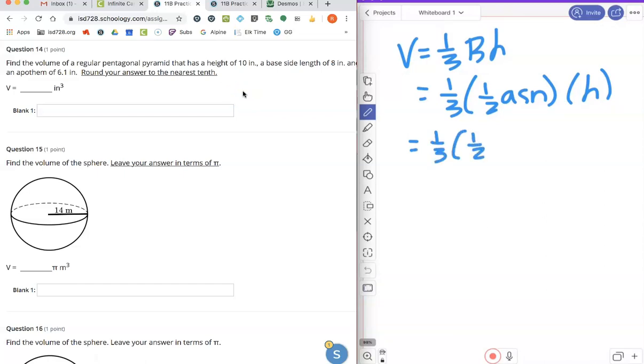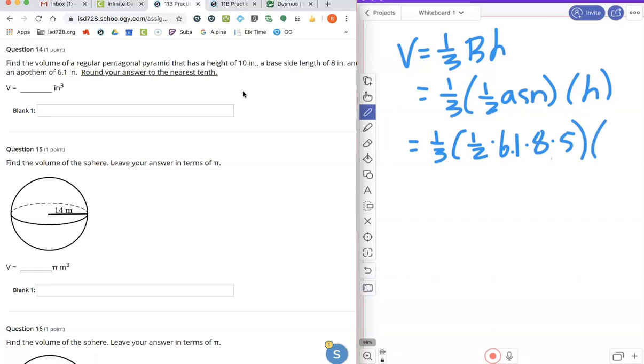We have A, the apothem. They gave us A, which is 6.1. They gave us S, which is 8. They gave us the number of sides, because it's a pentagon, which is 5.